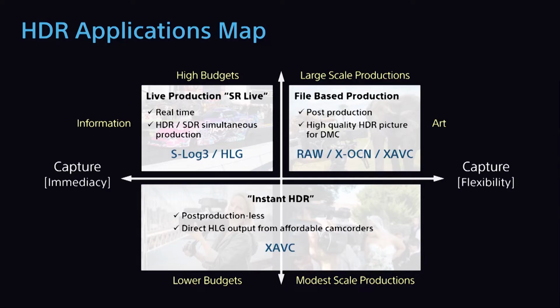In live production, which is what I'm going to explain in more detail, the commercial name that Sony has is called SR Live, and I'll explain that in a few minutes. We use two gamma curves or logarithmic curves for capturing the images. One is the S-Log3, the other one is hybrid log gamma.